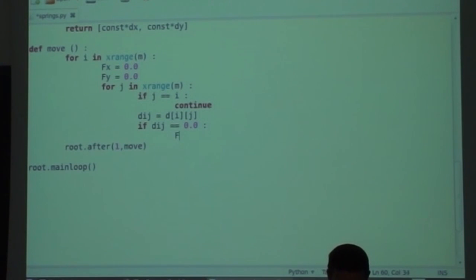So let's take the Coulomb force between the ith coordinates in our list X and the jth coordinates in the same list.